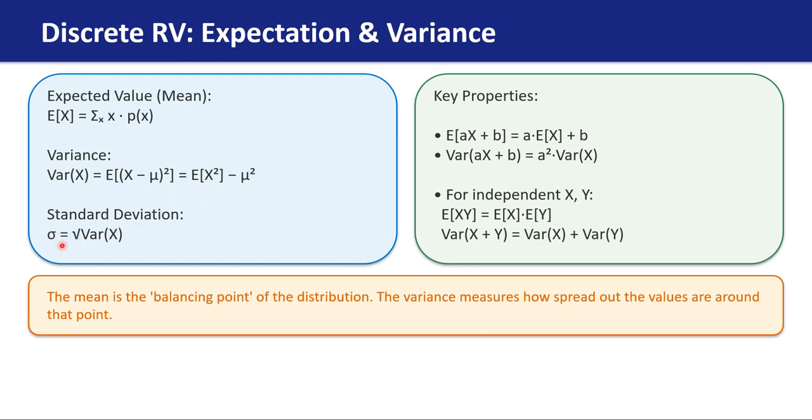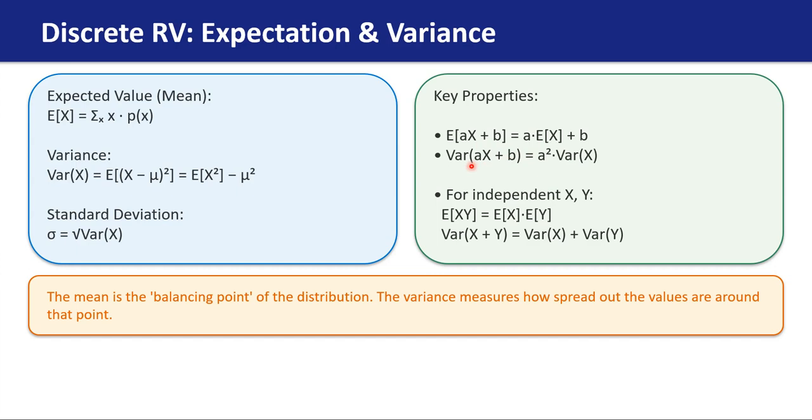Also, the standard deviation is just the square root of the variance. It puts the spread back in the original units. These have nice properties. E of aX plus b equals a times E of X plus b.